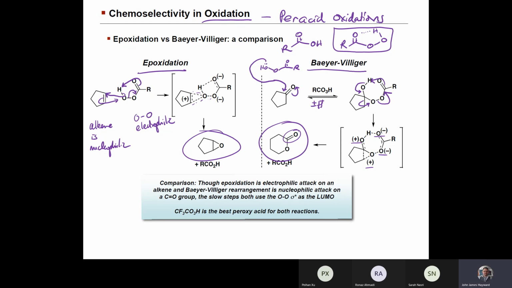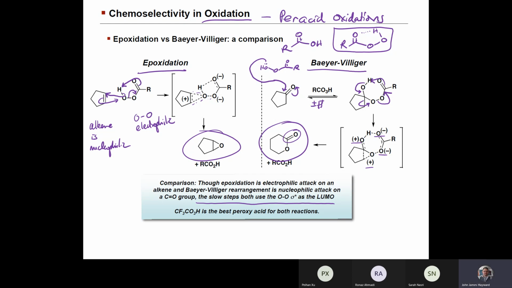Now, in both cases, the rate determining step involves nucleophilic attack upon the oxygen-oxygen bond. Okay, the slow steps both use the OO sigma star as the LUMO. Okay, the electrophilic step is the same.